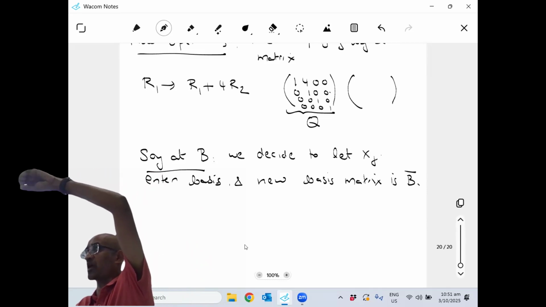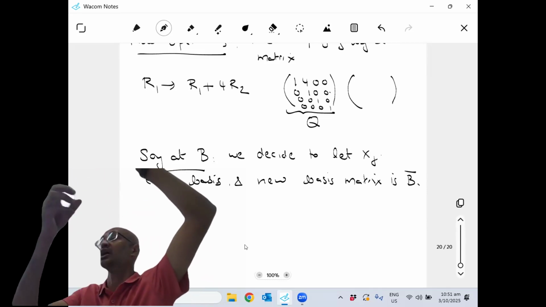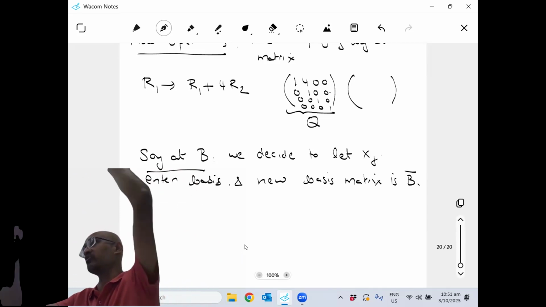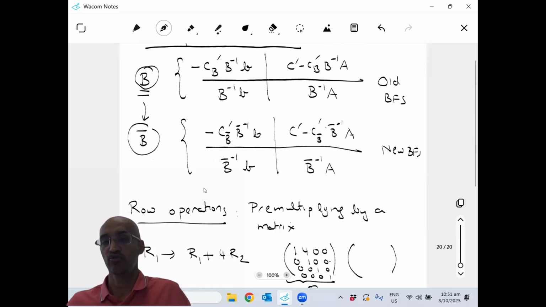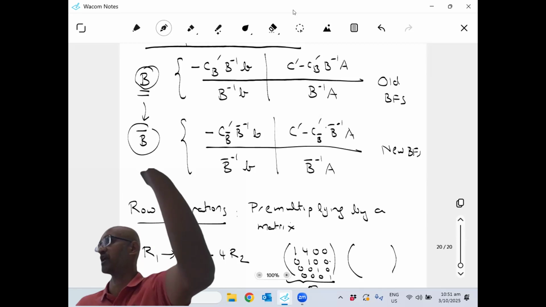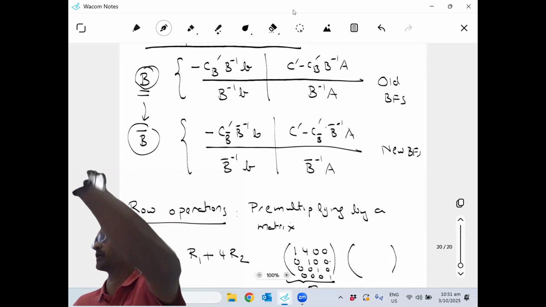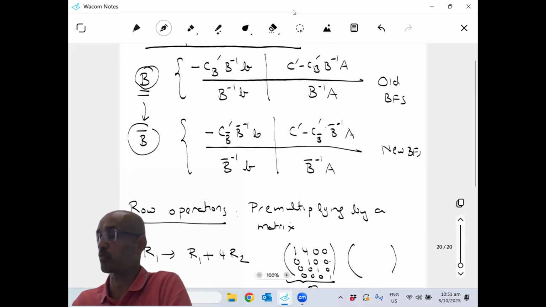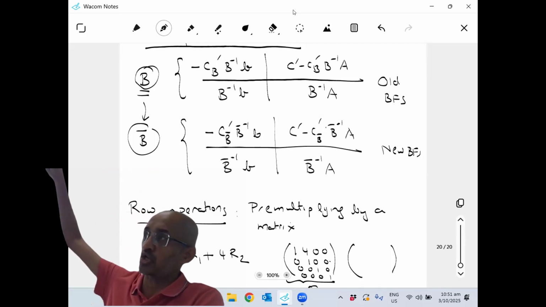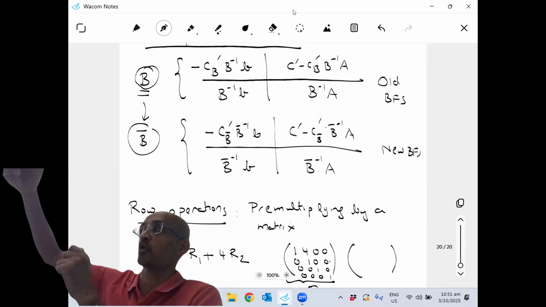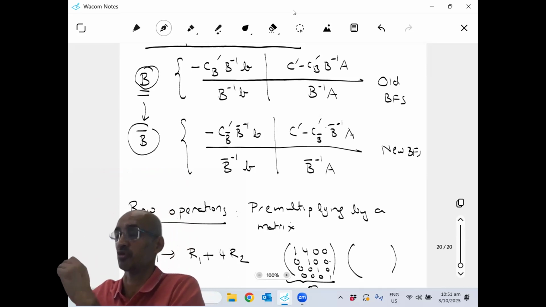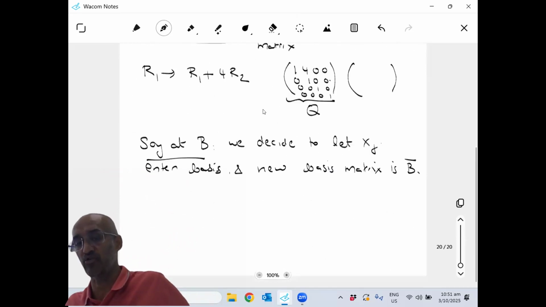The column corresponding to xj comes into my basis, and the leaving variable, the variable I chose for my pivot row, comes out of the basis. I've got a current basis matrix, I take out a basic variable and bring a variable into my basis. So the column AJ corresponding to the variable xj enters my basis, and the column corresponding to my leaving variable leaves the basis. That's my new basis matrix B bar.